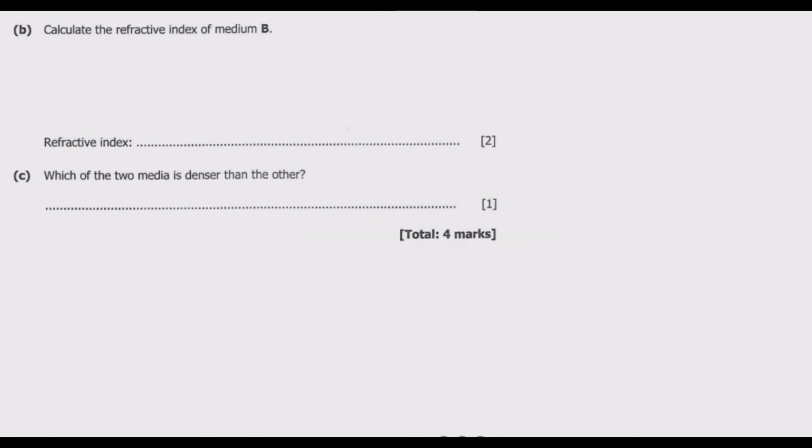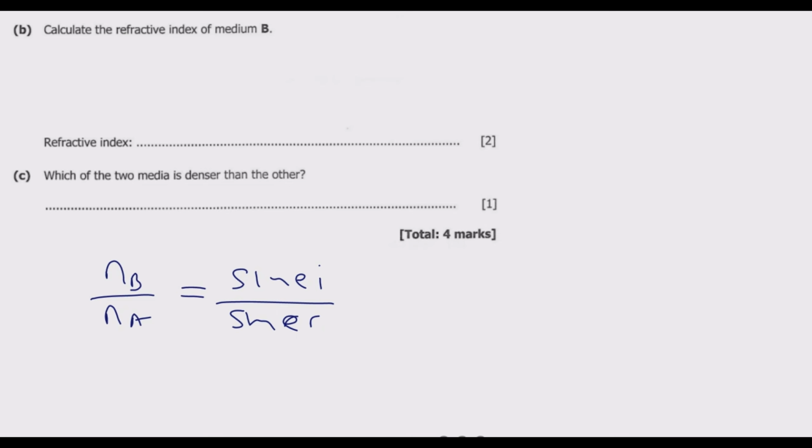So what we know is the refractive index of B over refractive index of A must equal sine of the incident angle in A, divided by sine of the refracted ray after entering B. What we are asked is to find the refractive index of B.